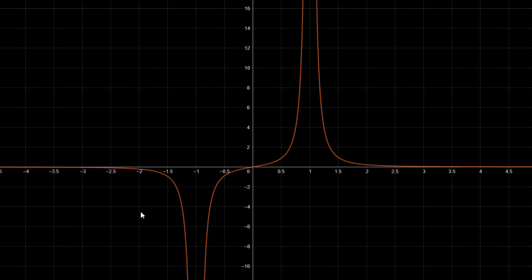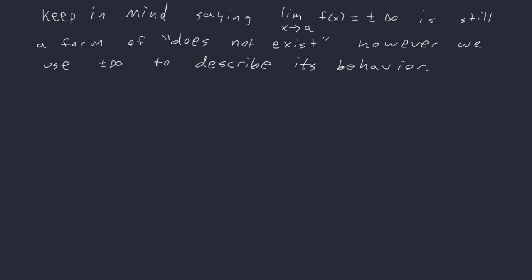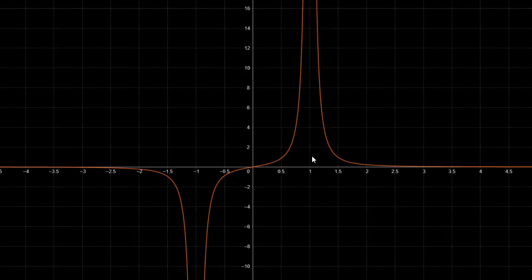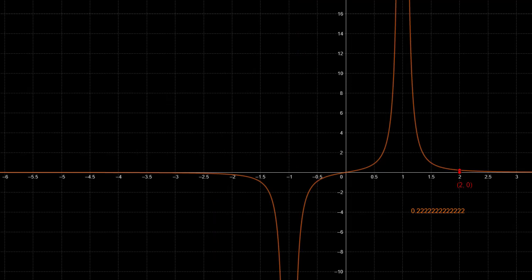Okay, so what we could say is that the limit as x goes to 1 of f of x is infinity. Right? Because as we approach 1 from either side, we get, well, blow up.